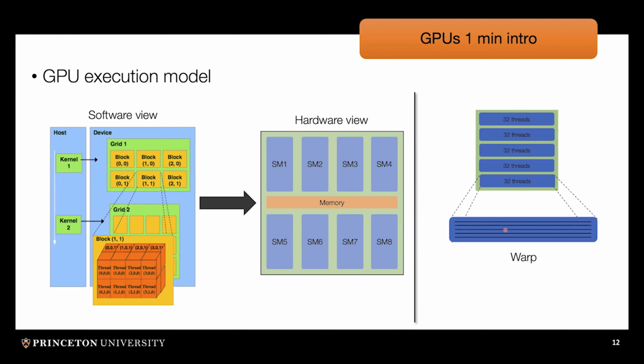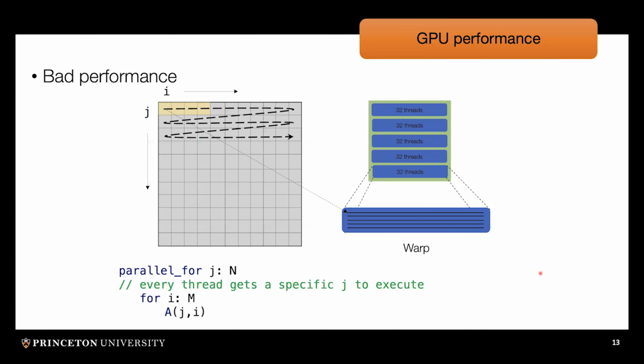So the scheduler needs to make sure that before any thread in the warp can execute an instruction, all the data required by all the threads is available in the GPU cache. So the key takeaway here is that threads in a warp execute the same instruction at the same time.